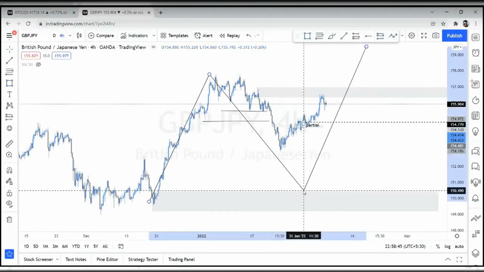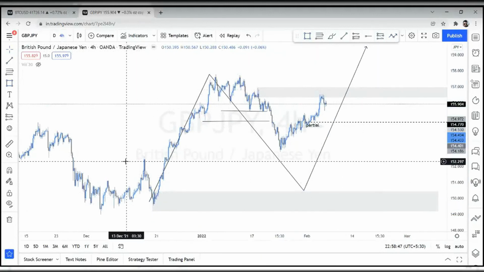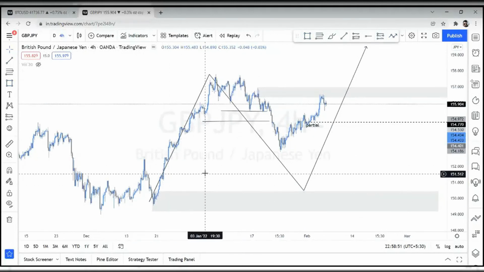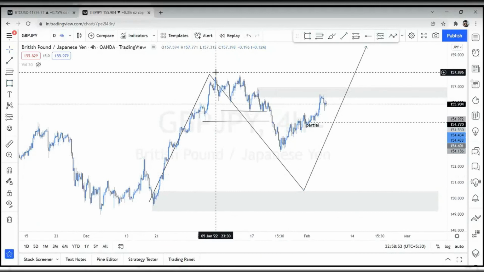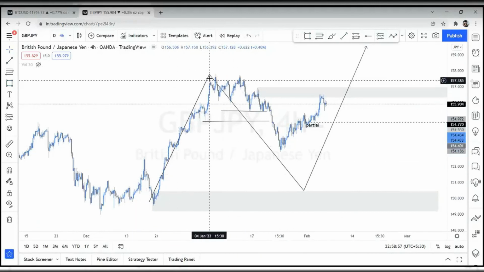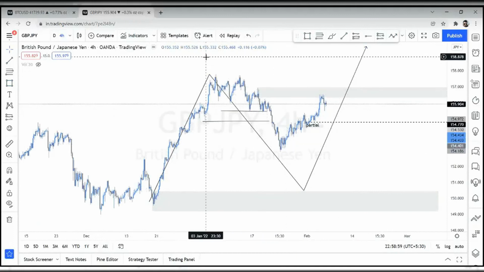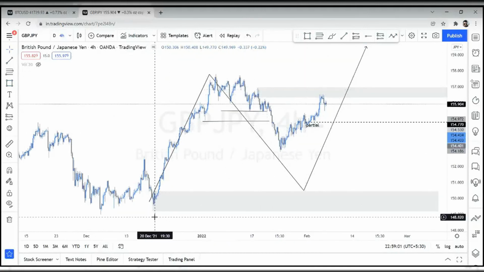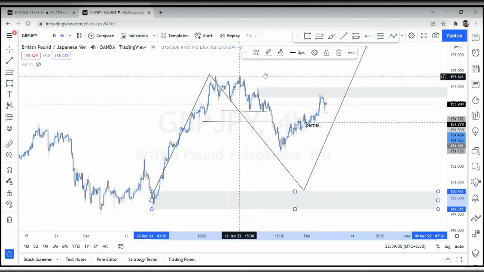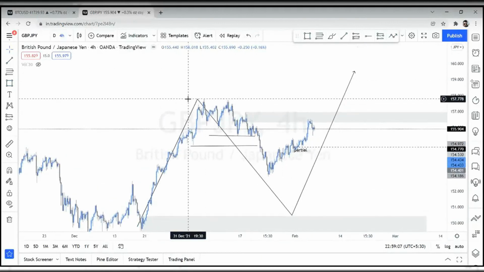We broke the structure here. So on the 3 box method that I was telling you about earlier, which I'll be putting out a video on, we broke here. So we're expecting a pullback to these zones, and then we will buy from here to go higher, targeting this. This will be our liquidity.